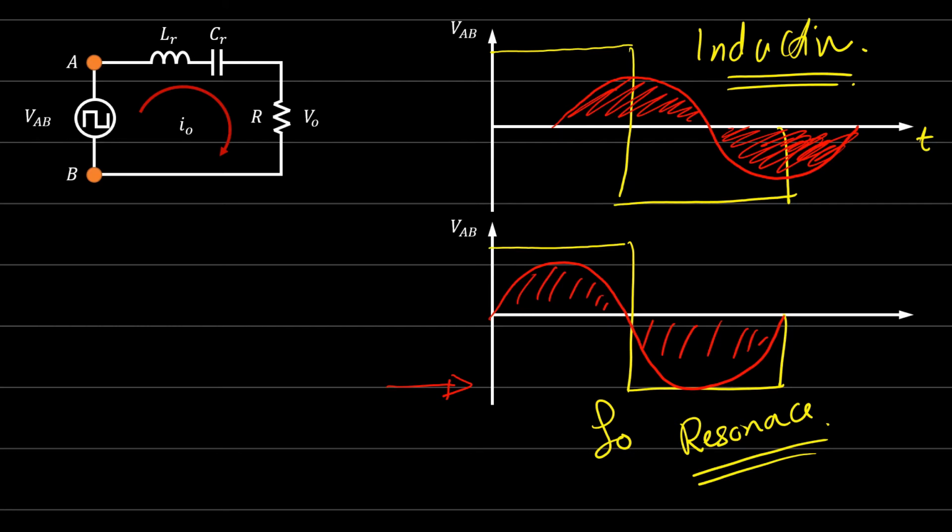Also, you'll find that when we apply switching action at these 2 points, if you remember, we said that here we apply signals on switch 1 and 2, and here we apply signal on switch 3 and 4. So the switching action occurs at zero current, zero voltage switching, soft switching.